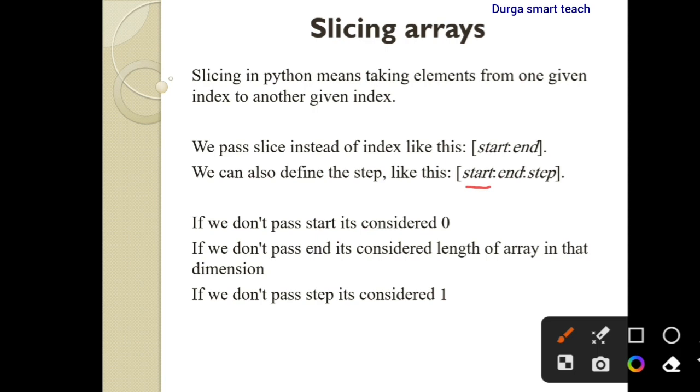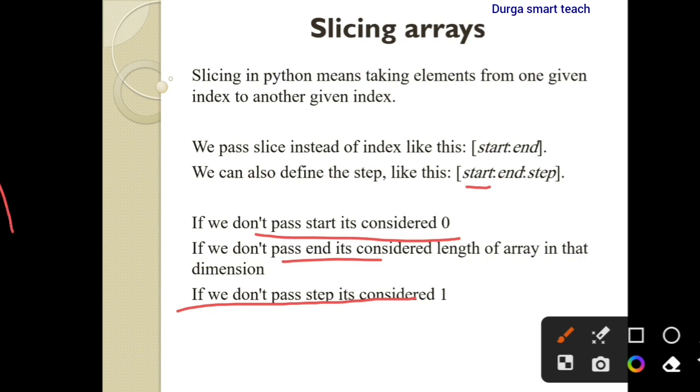If we don't pass start, the default value is 0. If we don't pass end, it will take the length of the array. If you don't pass step, it will be considered 1.